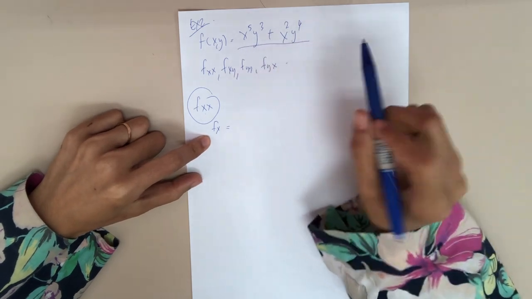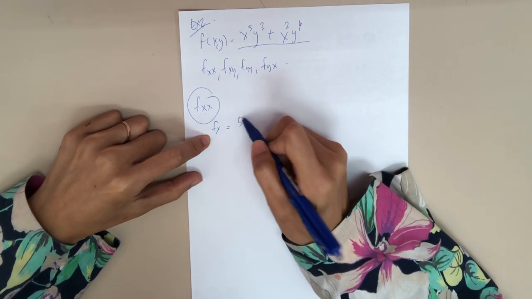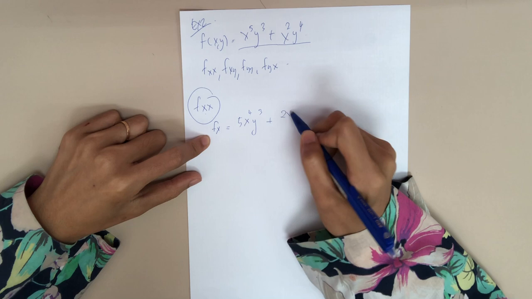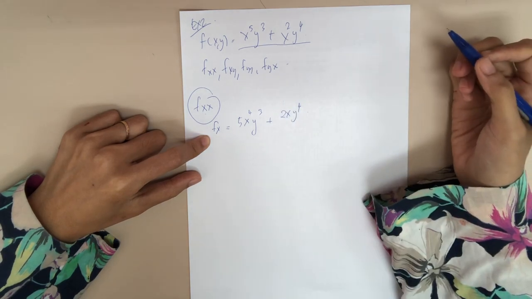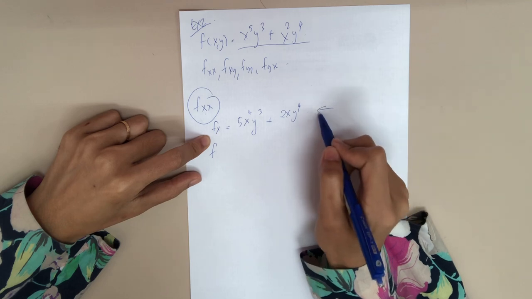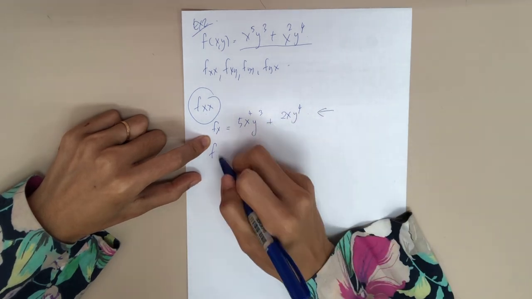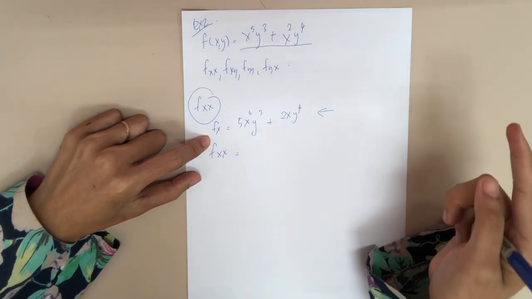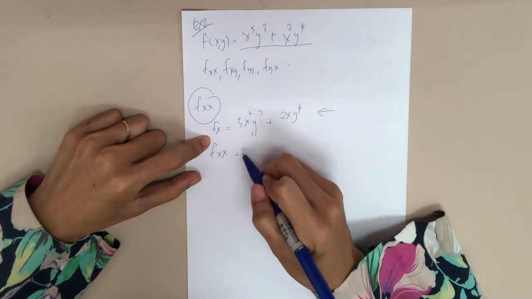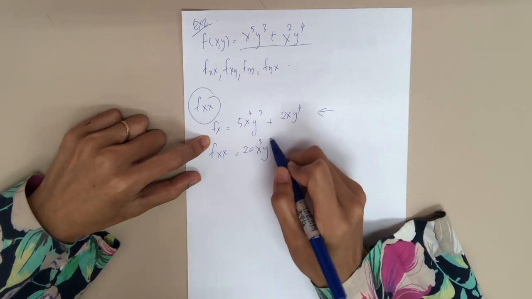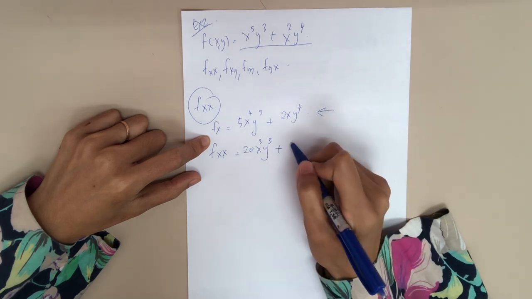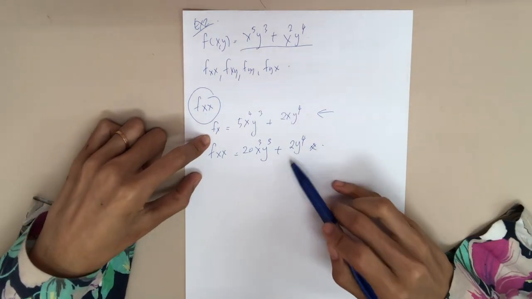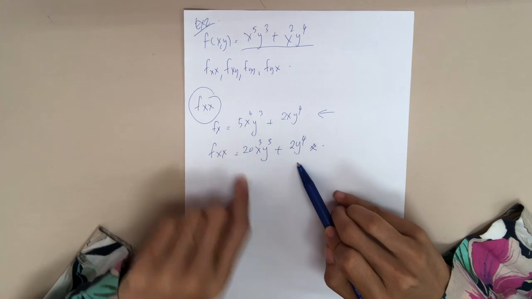Differentiating, you have 5x^4 y^3, y remains, plus 2x y^4. Then, using this answer, differentiate again with respect to x, the same variable. So we have 20x^3 y^3 plus 2y^4. This is the answer that you should get.